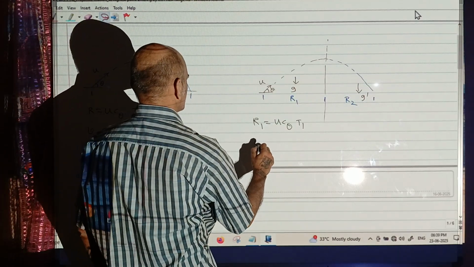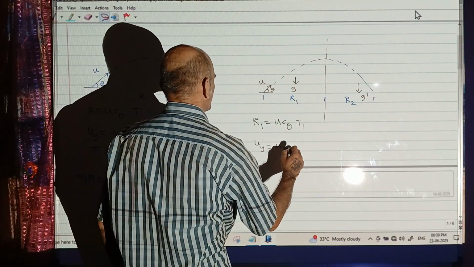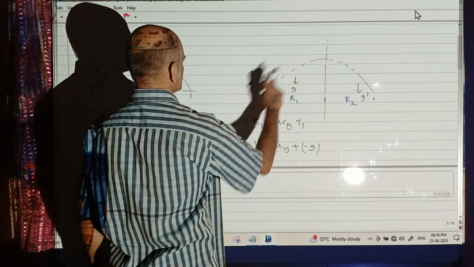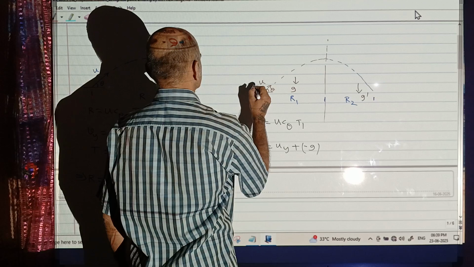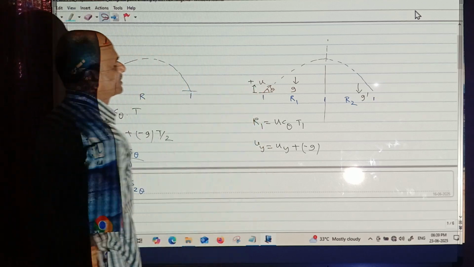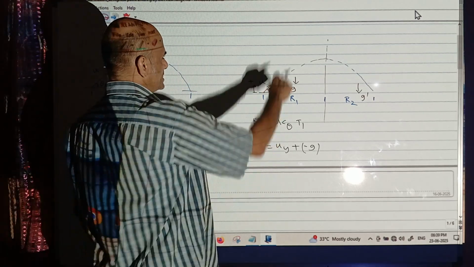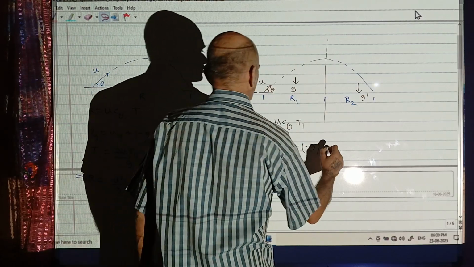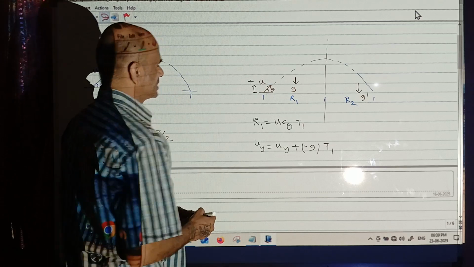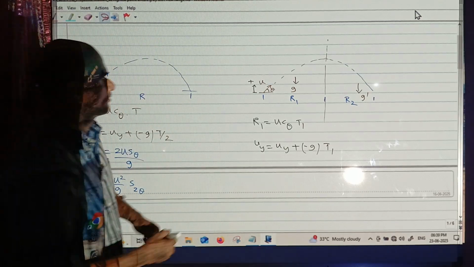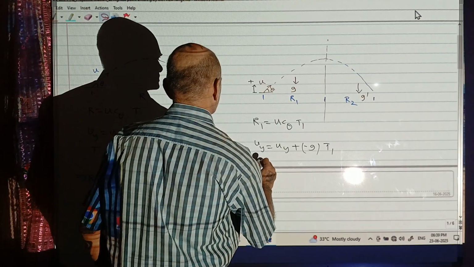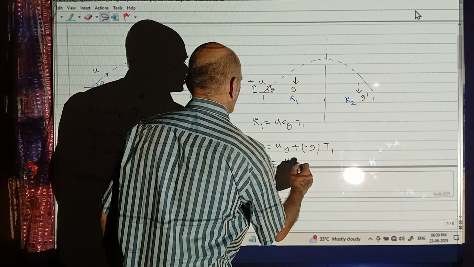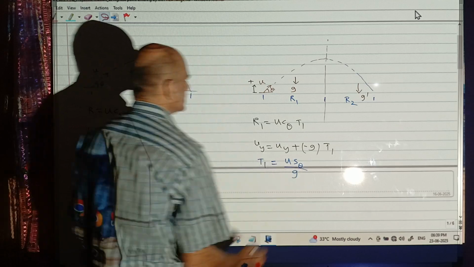So using Vy equal to Uy plus a, where a is minus g, because upwards is positive for this first half of the motion. This is my coordinate system, positive direction for the y-axis. So the acceleration is minus g, and the time to go from here is T1. This will give me T1 as, since V at this point is 0, u sin theta by g.